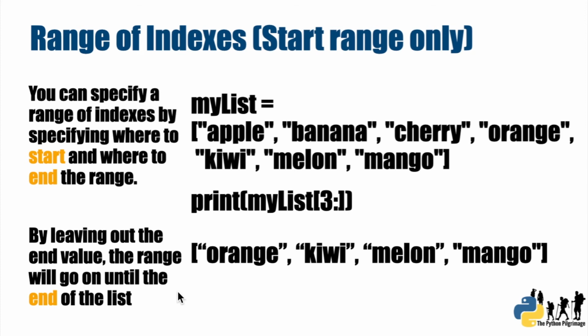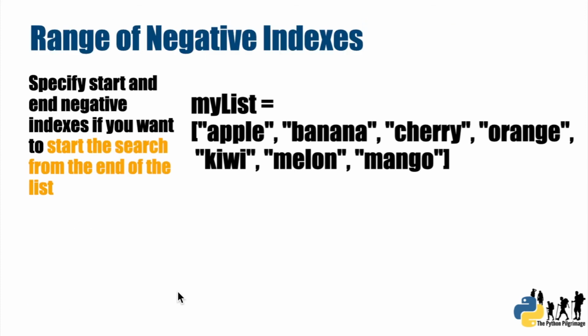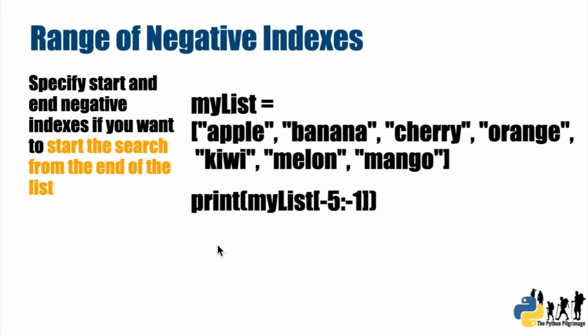You can also specify a range of negative indices, specifying start and end negative indices if you want to start the search from the end of the list. Given the same example here, you want to print out -5 up until -1. So -5 will be -1, -2, -3, -4, -5.